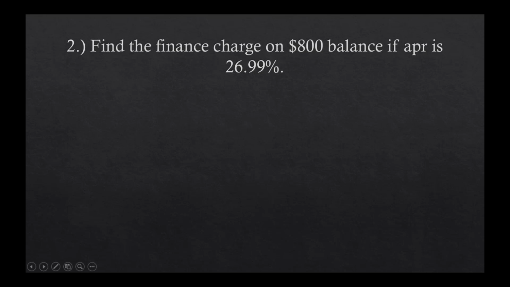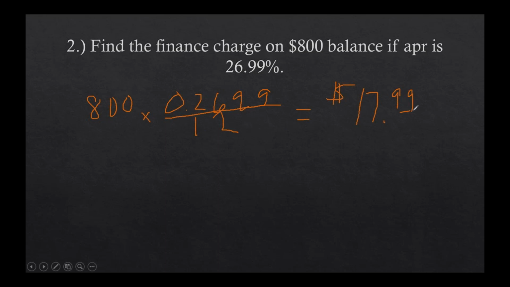Yeah, very good. Good answers coming in. So again, we take our balance and multiply by our APR as a decimal. We divide by 12 to make it monthly and round it to the nearest penny. We get $17.99 finance charge.